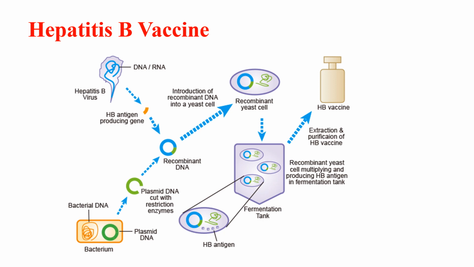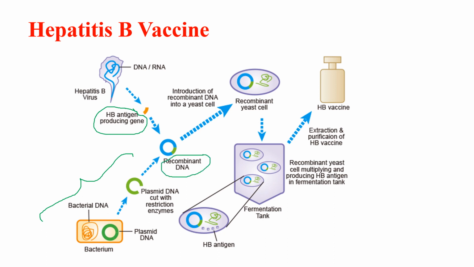Initially, the hepatitis B antigen producing gene is isolated from the hepatitis B virus. Simultaneously, a plasmid DNA is extracted from a bacterium and is cut with restriction enzyme, forming the plasmid vector. The isolated hepatitis B antigen producing gene is then inserted into the bacterial plasmid vector to form the recombinant DNA.